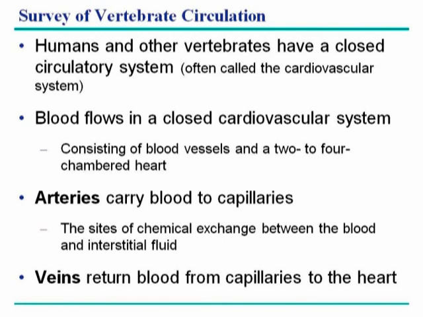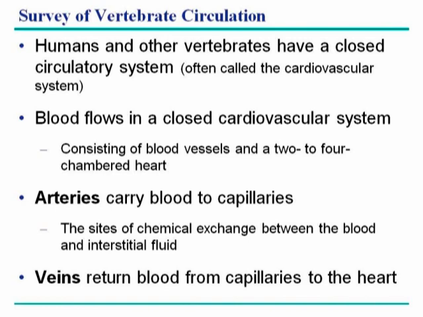The minimum is a two-chambered heart and the maximum is a four-chambered heart. Arteries are the type of blood vessels that carry blood to the capillaries, where chemical exchange occurs between the blood and the interstitial fluid.